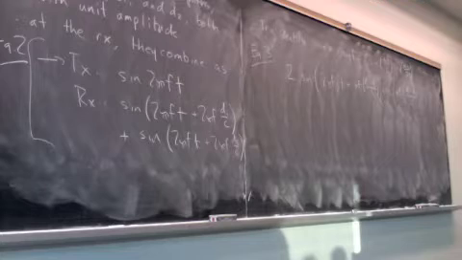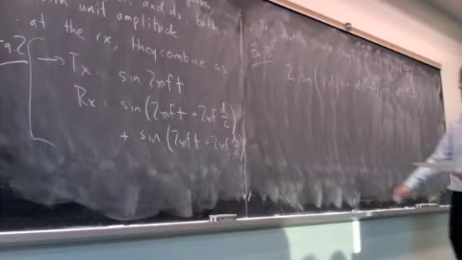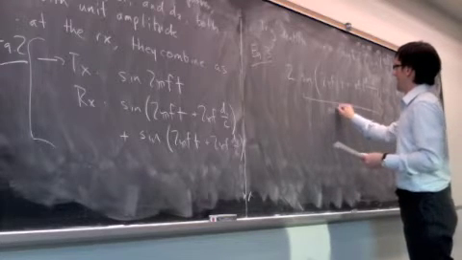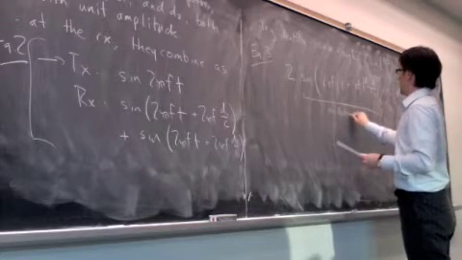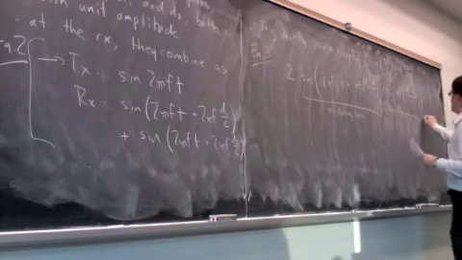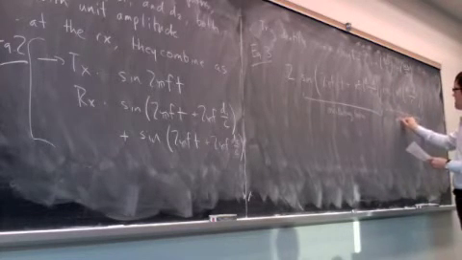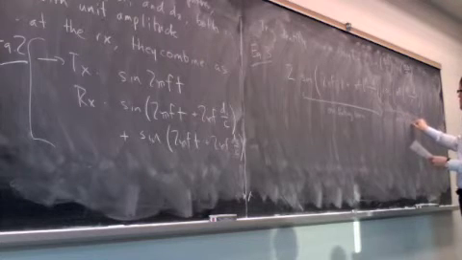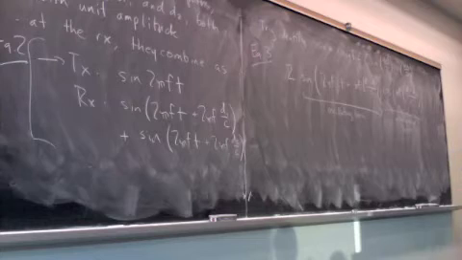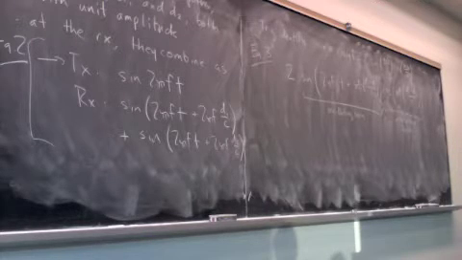Okay, so this is the oscillating term. This you can think of as the interference term. This is the term that decides whether the two paths constructively or destructively interfere.